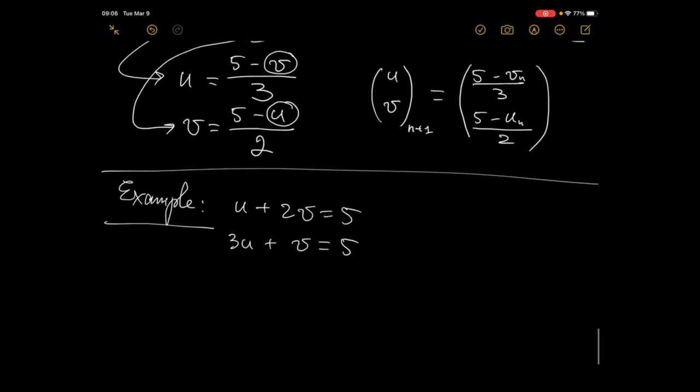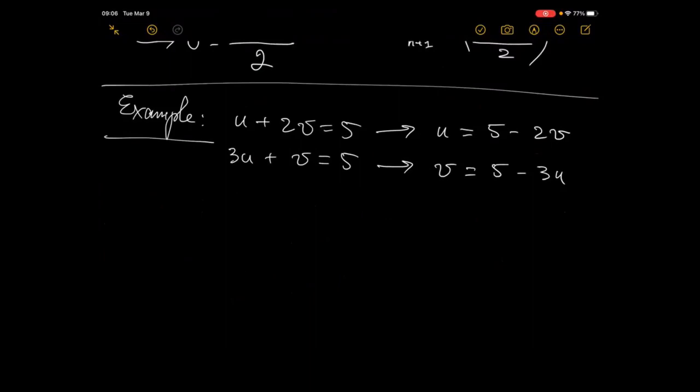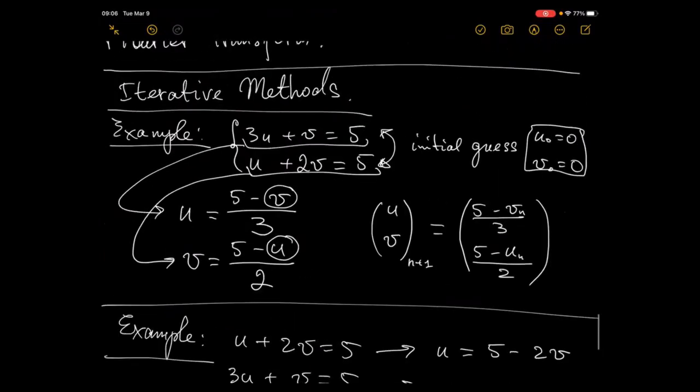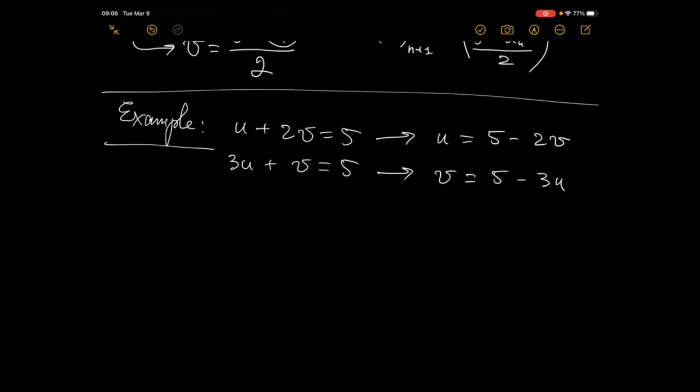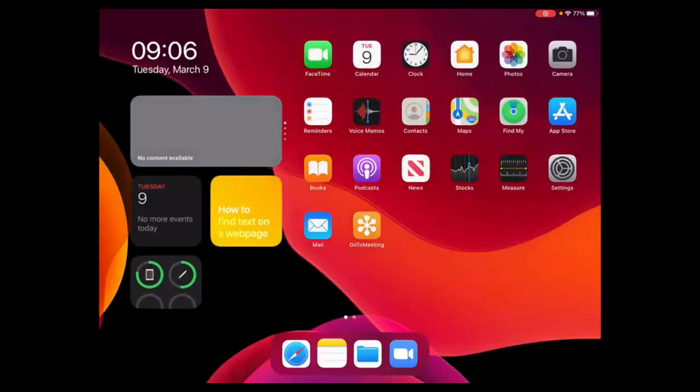Then from here I can express u as 5 minus 2v, and from here I can express v as 5 minus 3u. Looks like everything is simpler, right? And now let me just do exactly the same iterations as before. Let me show you the result.